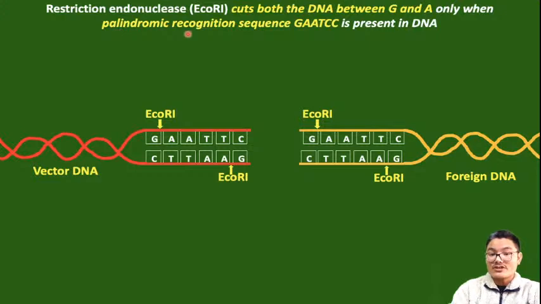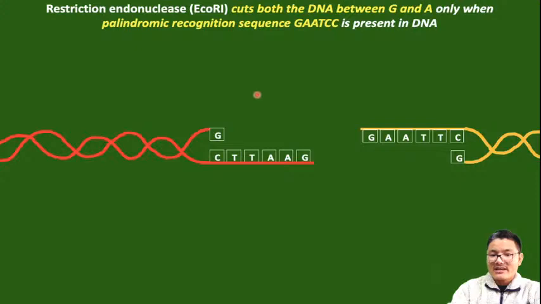Now, the action of EcoR1, which has a recognition site that we usually call the palindromic recognition sequence, will be cutting in between the G and A, right? And in a way, there is formation of sticky ends, two ends of the DNA which can easily join, right? Woodcutters, the carpenters used to make such L-shaped structures so that they can easily join, right?